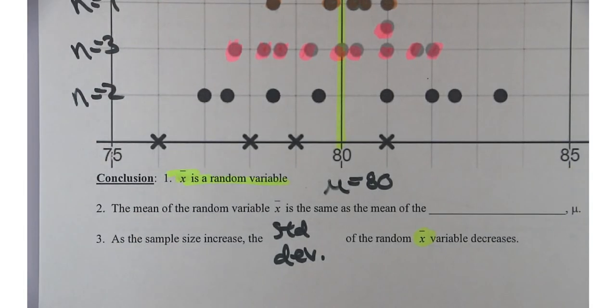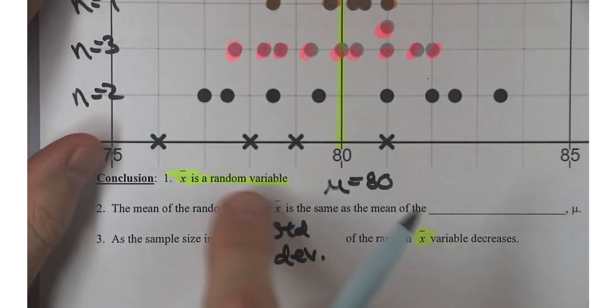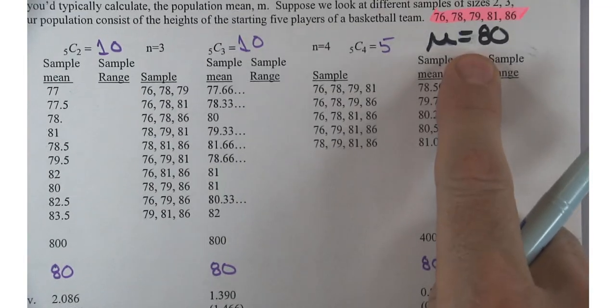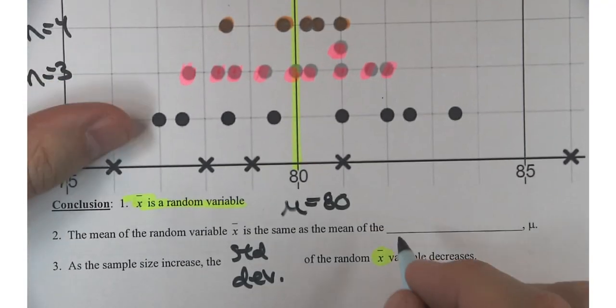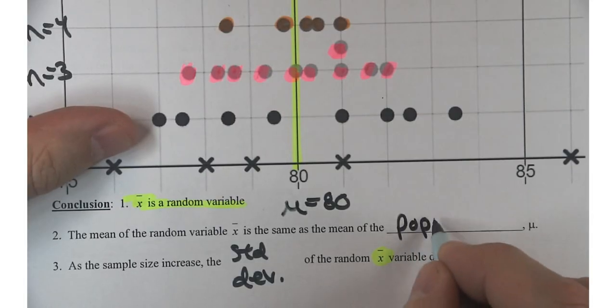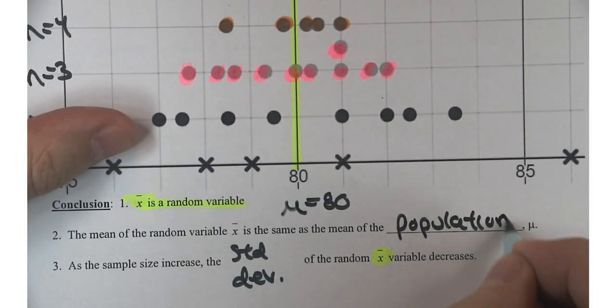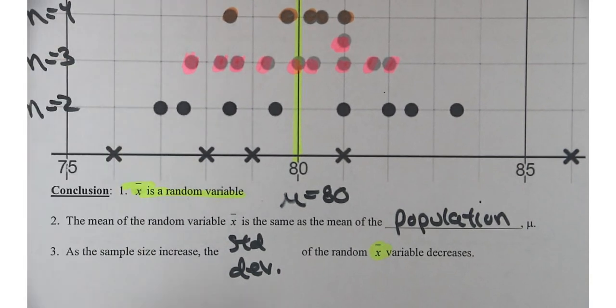The other conclusion that we got out of this was that the mean of this random variable is the same as the mean of our population. Sometimes I'll call this the parent population, not anything to do with my last name, but because that's what gave rise to this sample. That's where you sampled from.